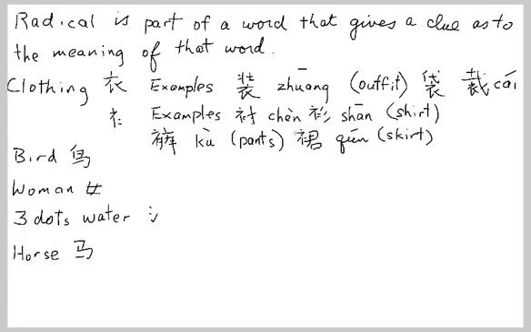And then again, the radical is here, and you go to this character on the right, with 7 strokes, and so you look up this word, and it's pronounced qun, Q-U-N, as I said.